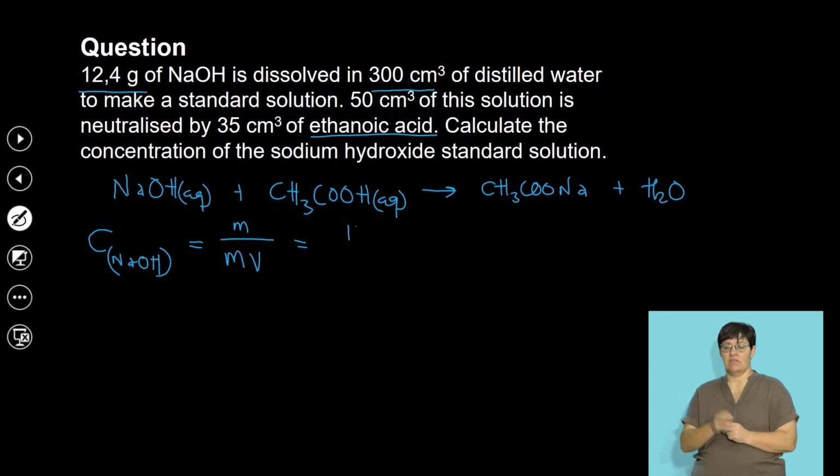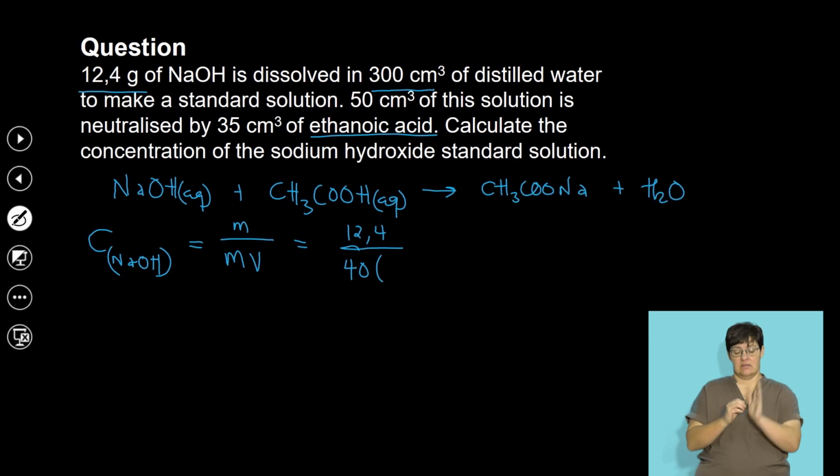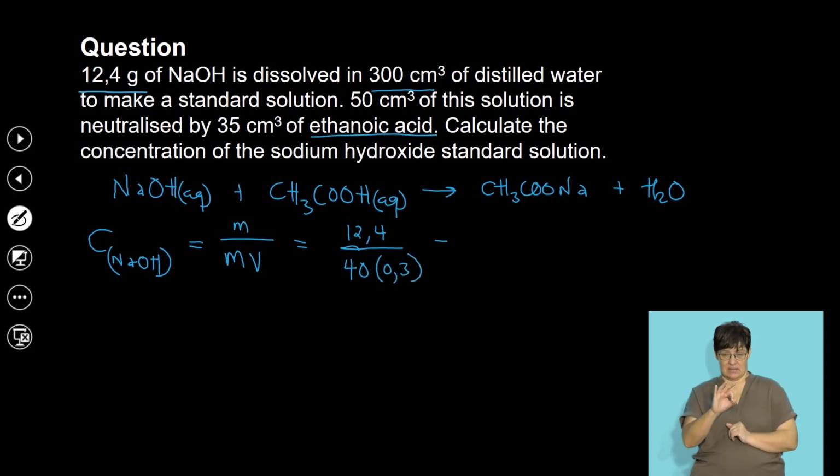Then we've got 12.4 grams, divided by 40, okay. 40 is the molar mass of sodium hydroxide. 300 in liters or in cubic decimeters, 0.3. So this is actually the concentration of sodium hydroxide, right?